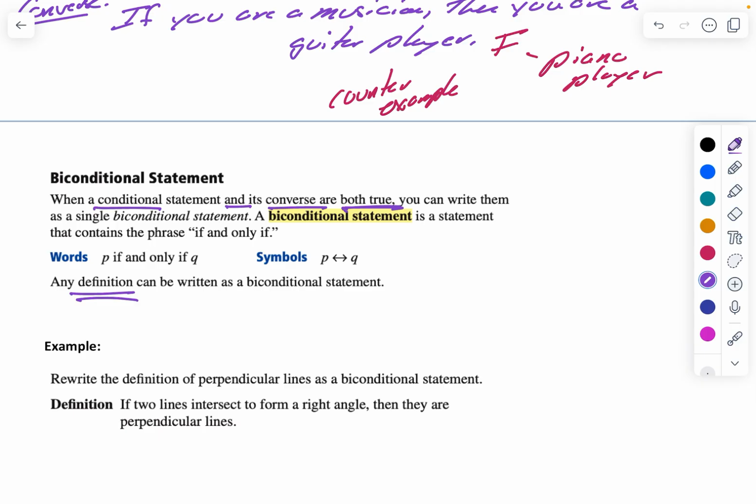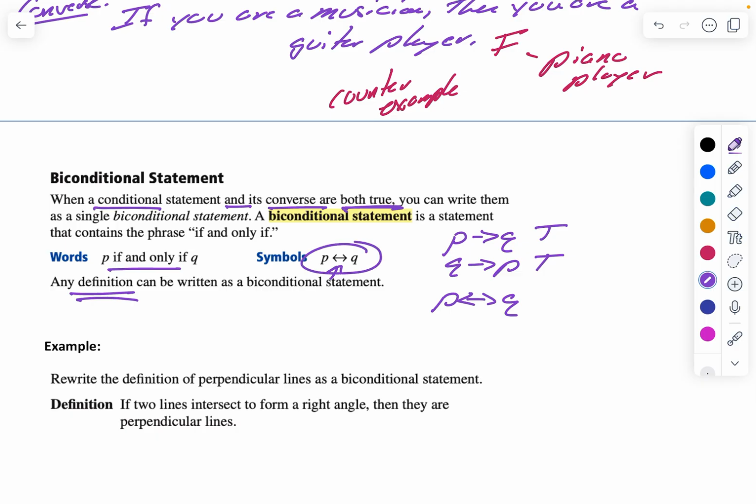So if P then Q is true, and if Q then P is true, then we can write this like P, and we say if and only if Q. So that will always be true. And the double arrow means you can go one way or the reverse, and it's both true. So that symbol there is how we would read if and only if.